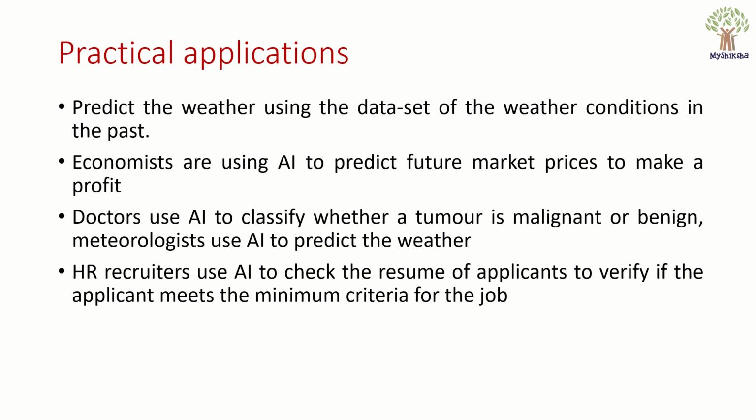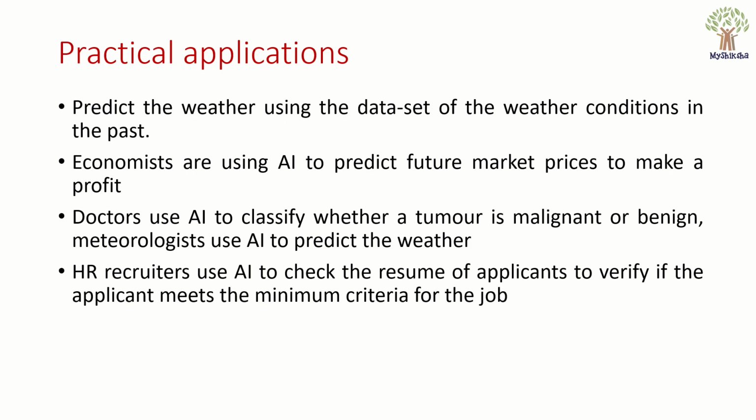What is the temperature dependent on? You will find humidity and other factors which will be fed in as input, and you will look at the past data and form an equation to explain the relationship between the x variables and the y, which is the temperature of the day. This is how you apply linear regression.